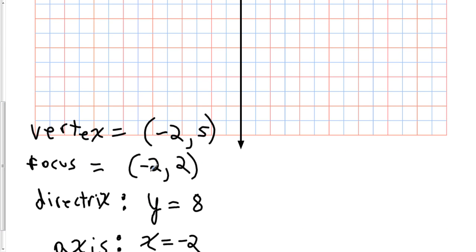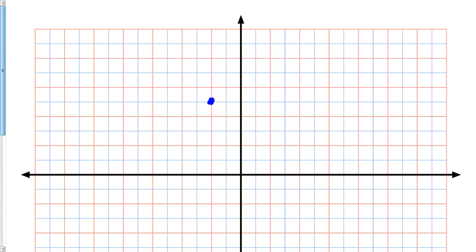The focus is the point -2, comma 2. So the focus is this point right here, -2, 2. Notice the focus is below the vertex.